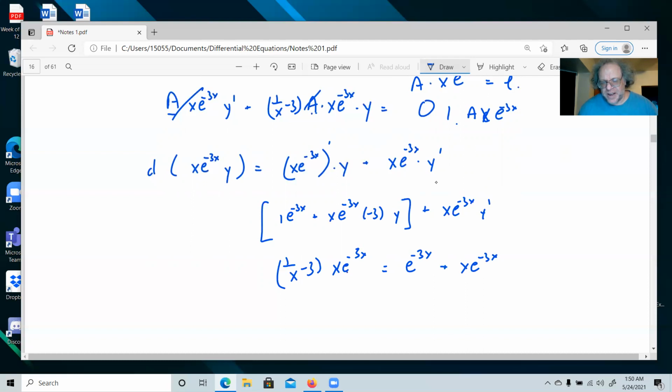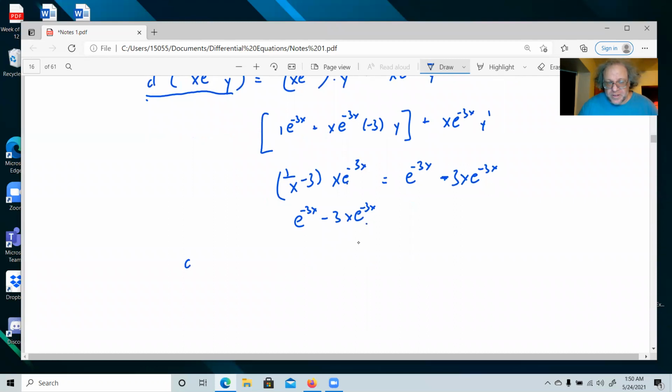If I multiply here, the x's cancel and I get x e to the negative 3x, and then here we just have minus 3x e to the negative 3x. I forgot this negative 3, so put that negative. Despite my sloppiness here, they're the same thing. So we can feel pretty confident that this derivative here is actually these two pieces.